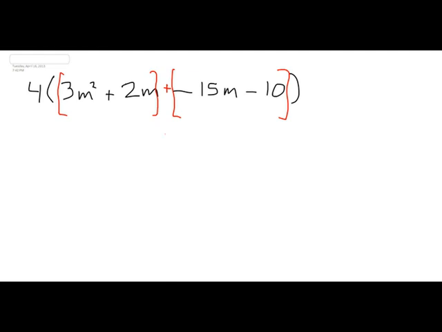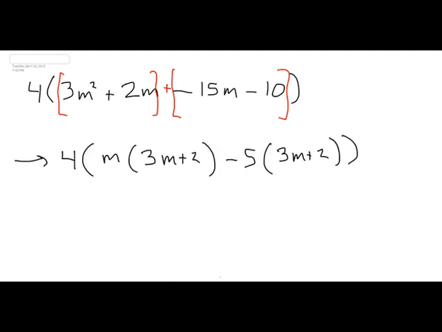Very crucial key. So what I want you to do is to factor out the greatest common factor between each of these binomials. So what we're going to get is 4 onto m onto 3m plus 2 minus 5 onto 3m plus 2. Now it's key to realize that because when you factor out an m from this first one, both terms are positive. If both terms are negative, then we have to factor out a negative. So that's a key thing to realize.